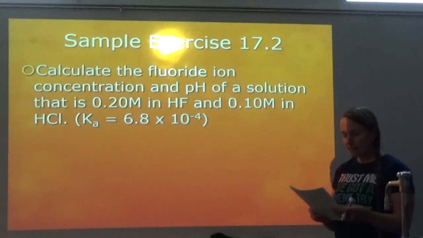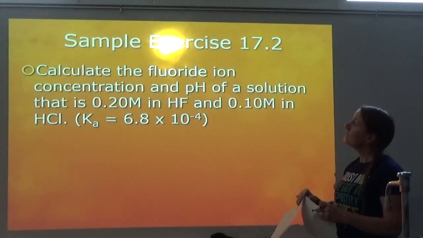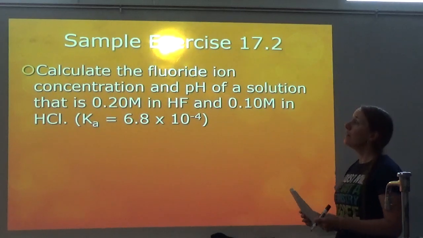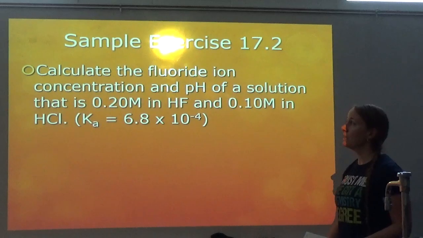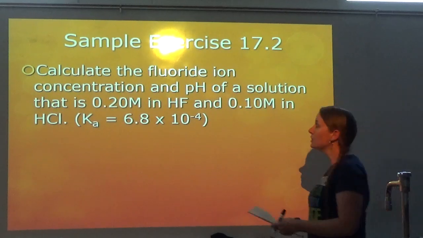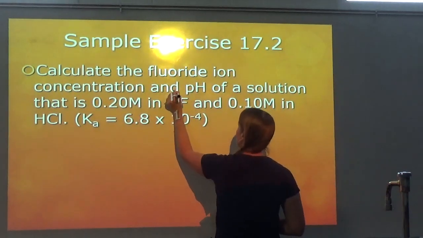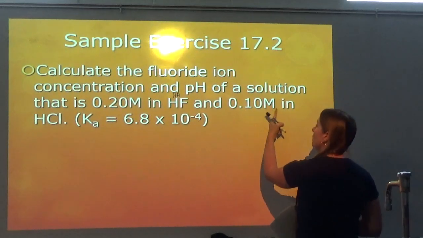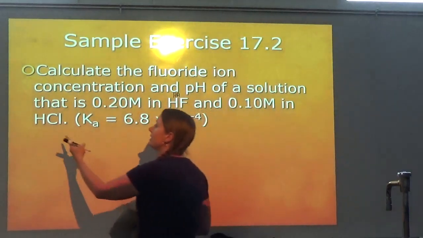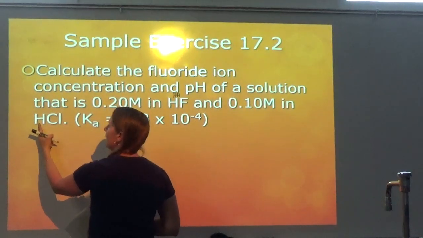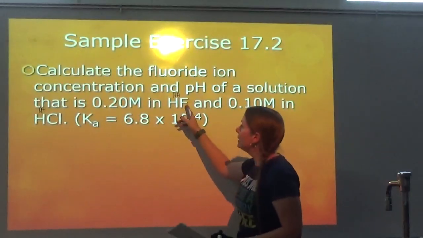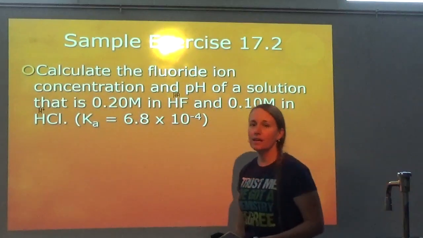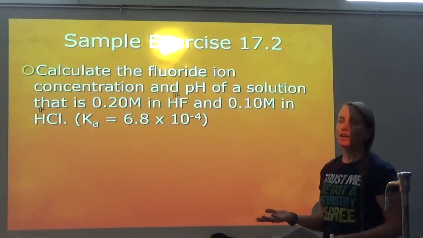All right, so let's look at this next one. So now it says calculate the fluoride ion concentration and the pH of a solution that's 0.2 molar HF, so there's my HA, and 0.1 molar in HCl. So in this case, I also have some H+, okay, because HF and Cl are not conjugates.